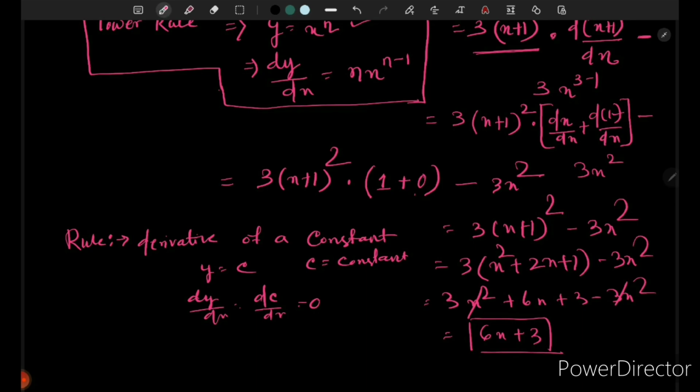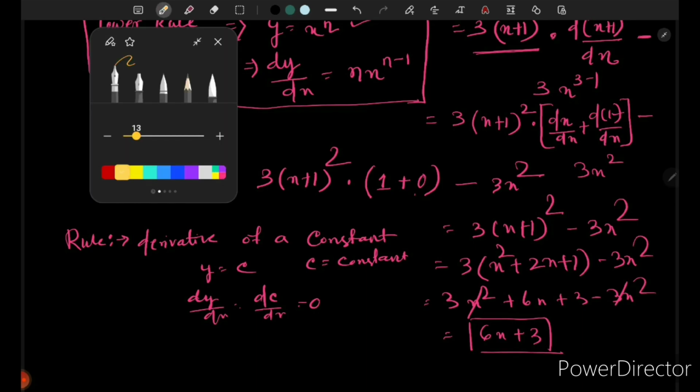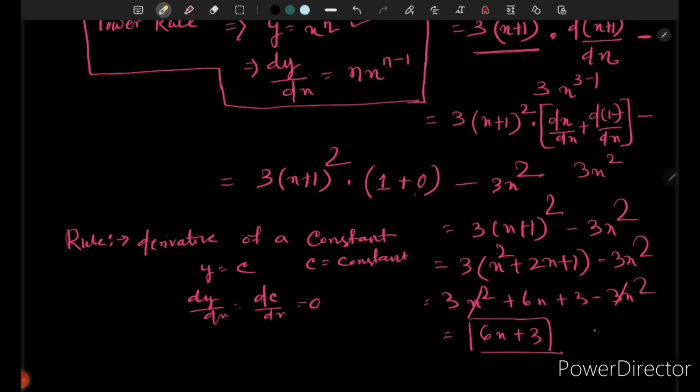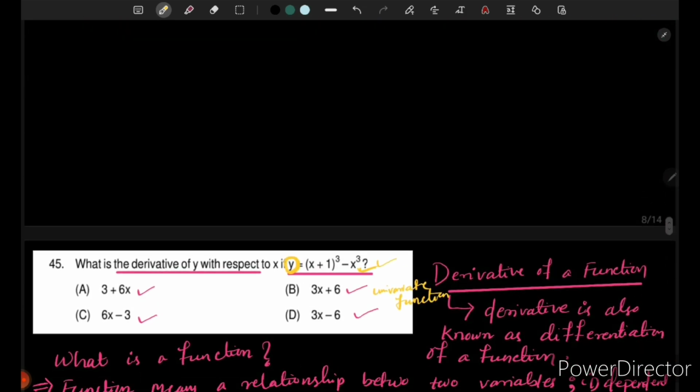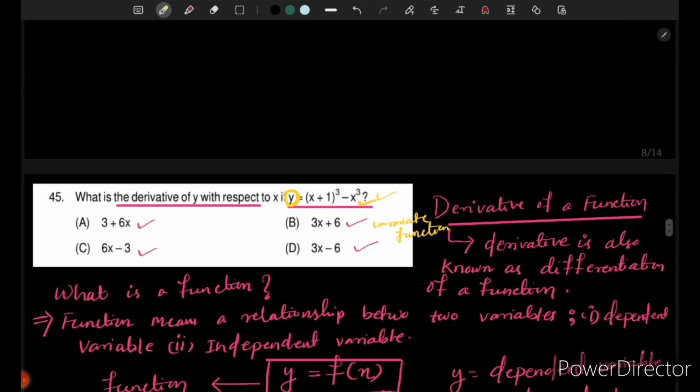So my answer is 6x plus 3. So I'll go to the question. So here answer is 6x plus 3. So option A is the answer, 6x plus 3.